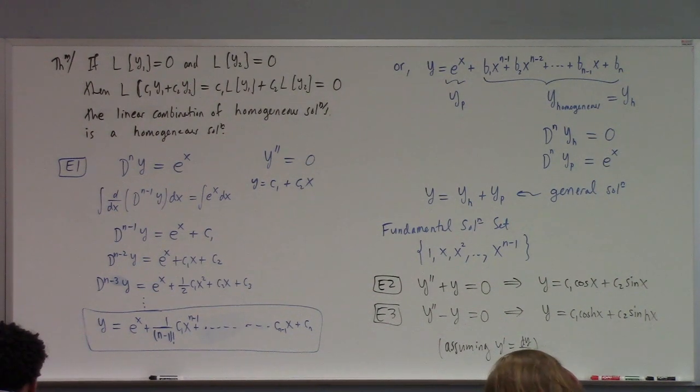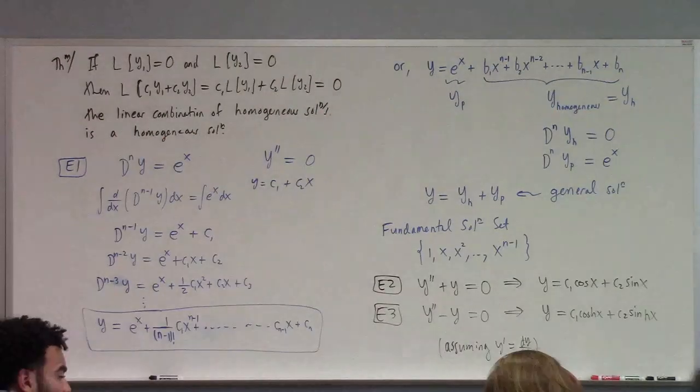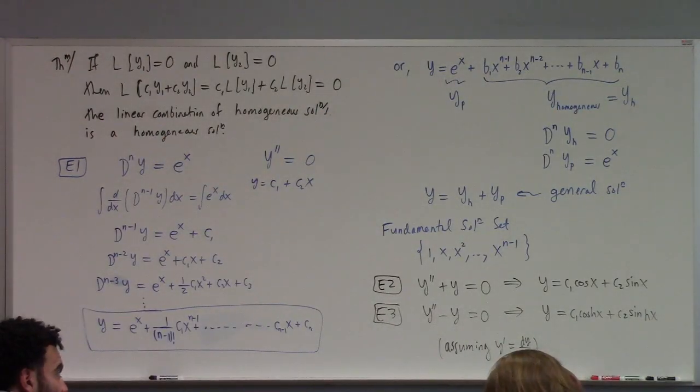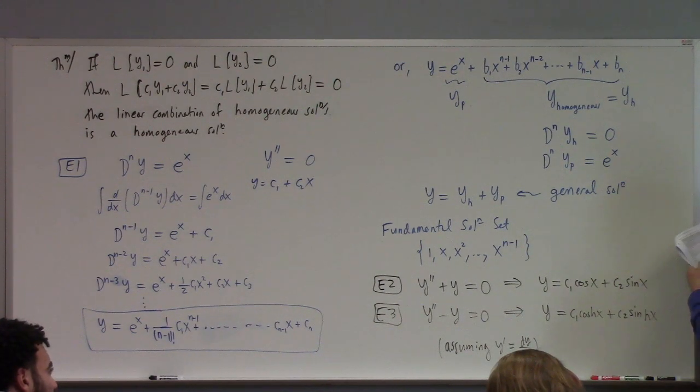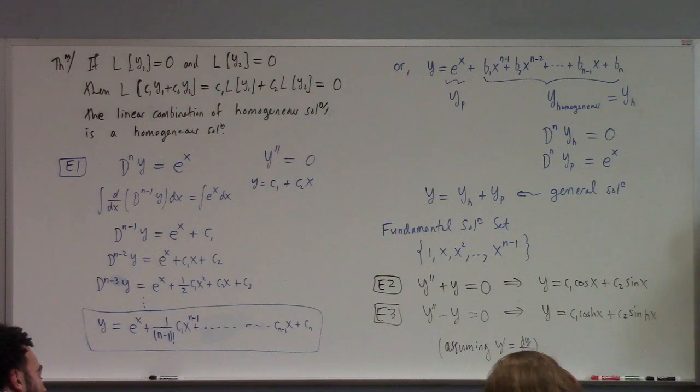So suppose that all of these are continuous on an interval I, which is a subset of the reals, all right, with a sub n of x not equal to 0 for all x in the interval.